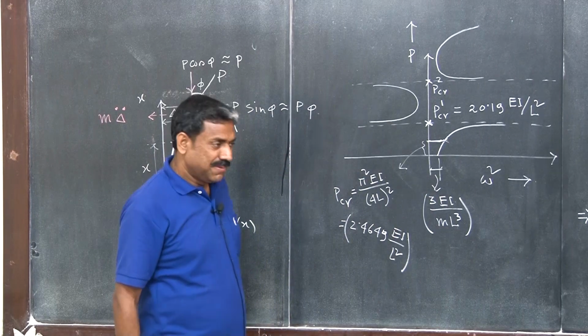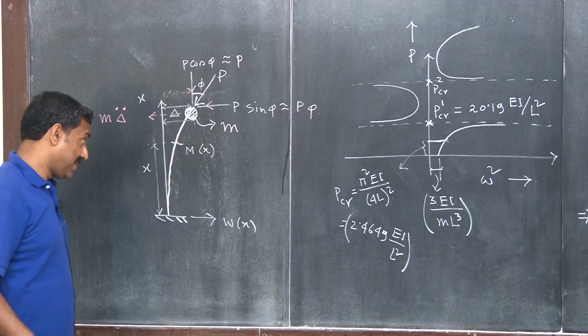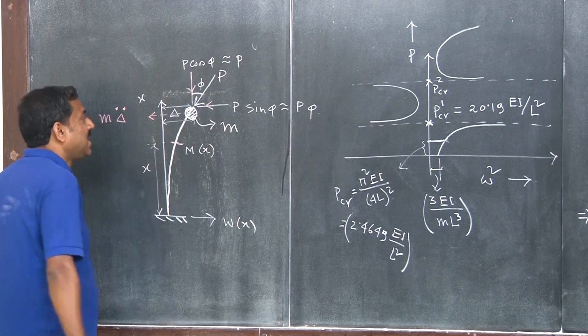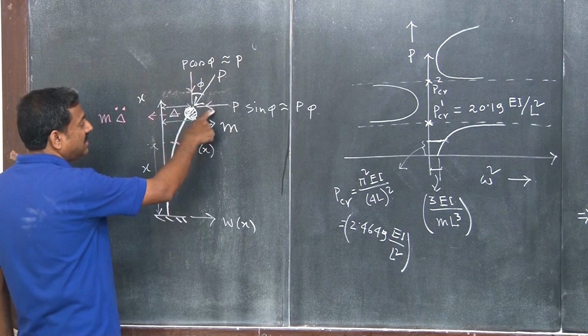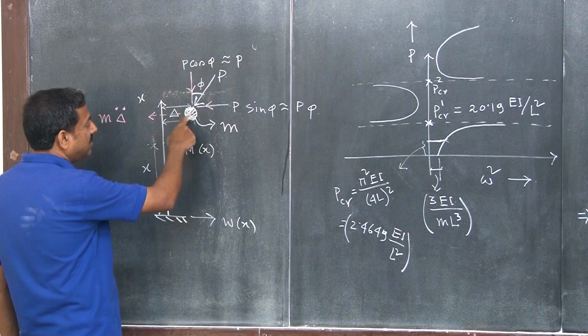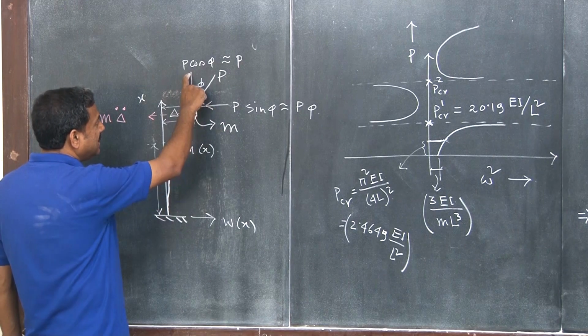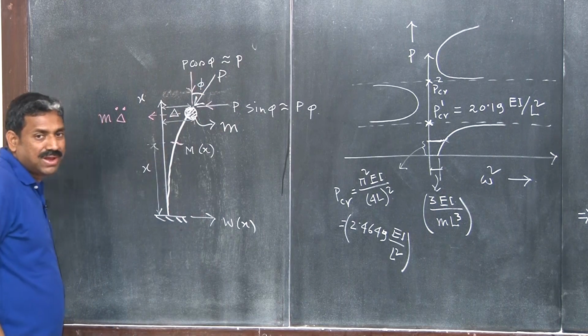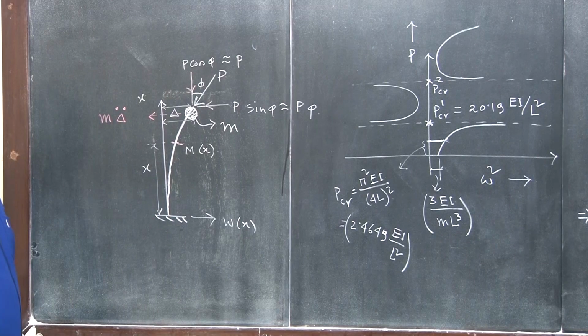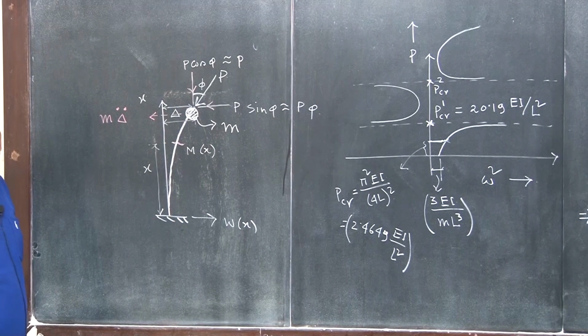Understand that? Secondly, now you also think about the non-conservative nature. What is happening when this load is acting and this deflection is occurring, right? This fellow is not working. Work done is force multiplied by displacement along this direction, right?